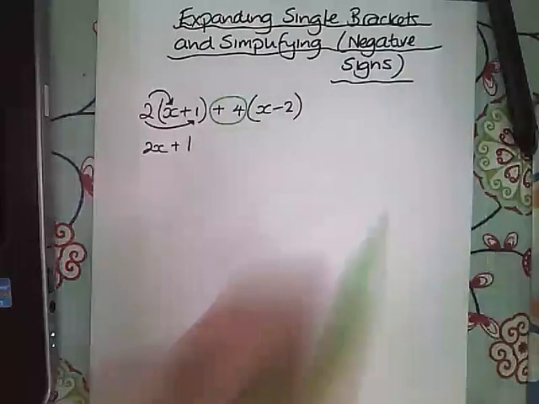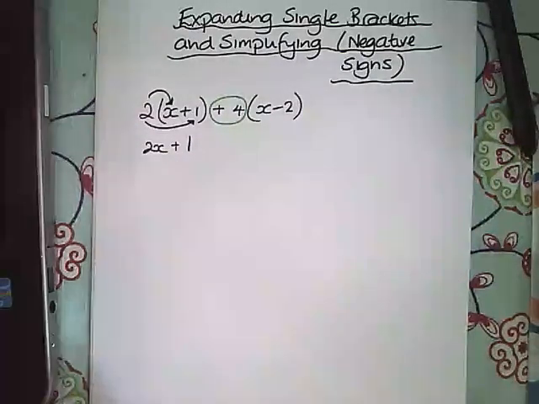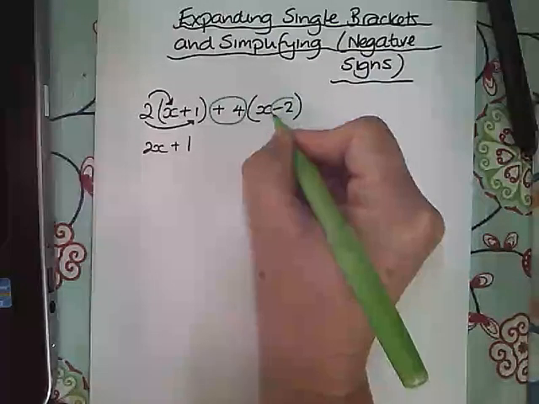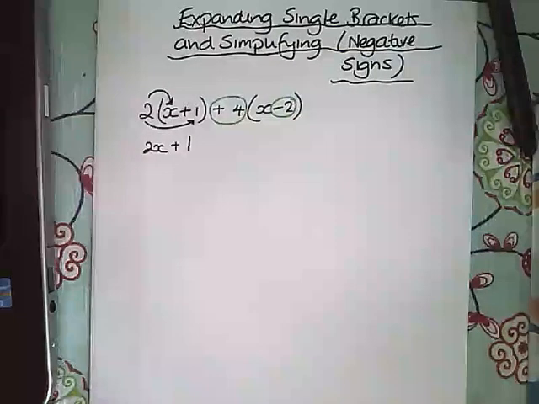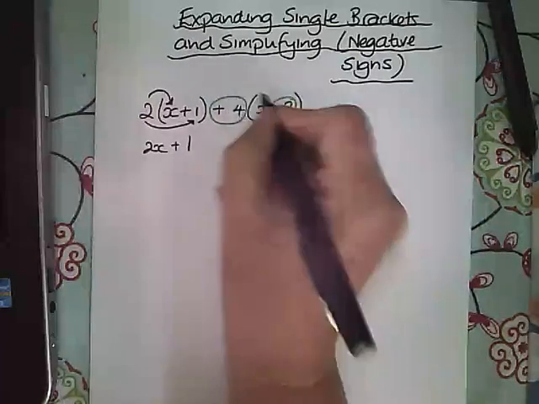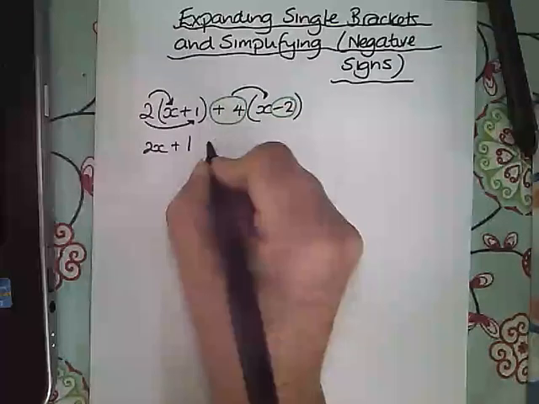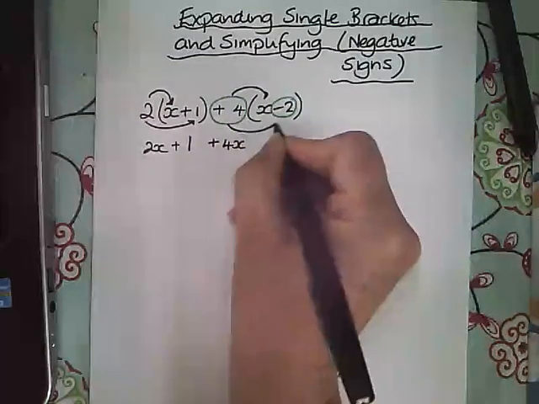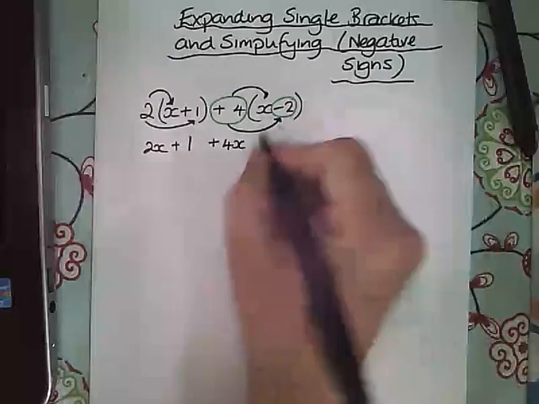Now, it could help you in another colour to keep all of these signs together, and particularly important is this negative 2 here. So 4 times x is 4x, and it is positive, so this is plus 4x. 4 times minus 2 is minus 8.